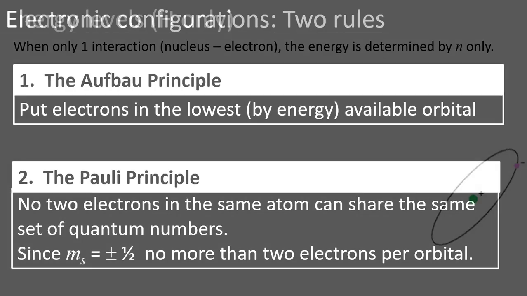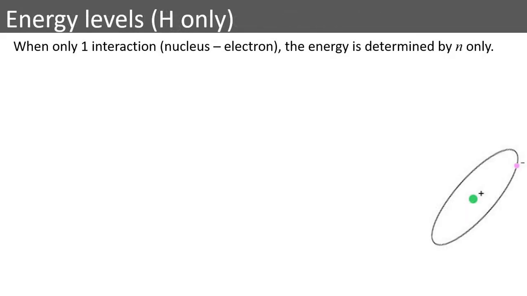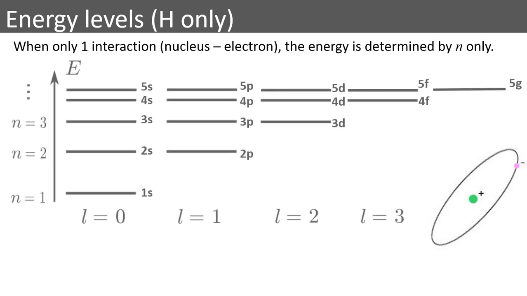Now with hydrogen, we have just one electron in orbit around a nucleus. So the energy of the orbitals depends only upon the value of the principal quantum number, n. So the 1s orbital, where n equals 1, is lowest, and the 2s orbital and all three of the 2p orbitals all have the same energy, because they have the same value of n.